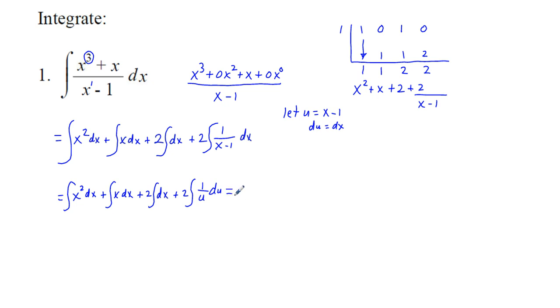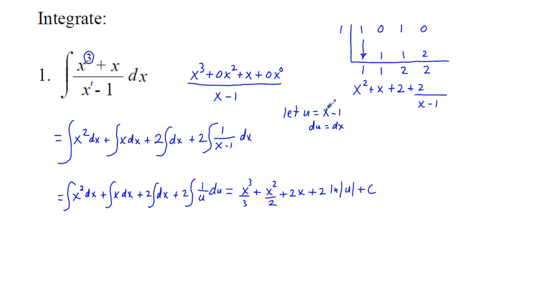Integrating, where I'm going to work to the right here, we have x cubed over 3 plus x squared over 2 plus 2x over 1 plus 2 times the integral of 1 over u du, which is the natural logarithm of the absolute value of u, and that's going to be plus our constant of integration c.